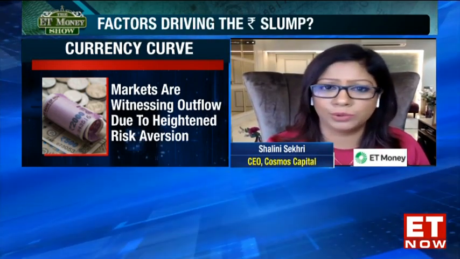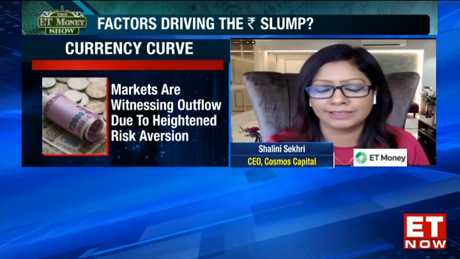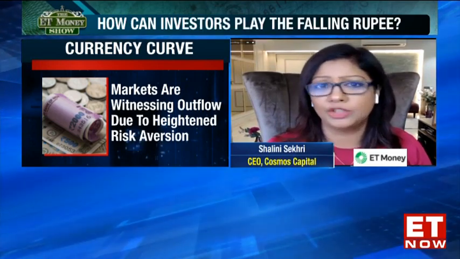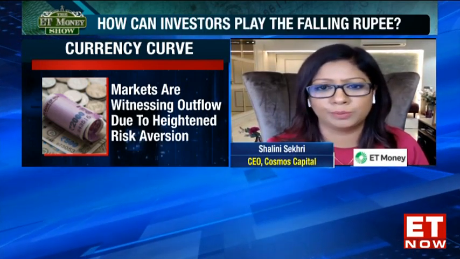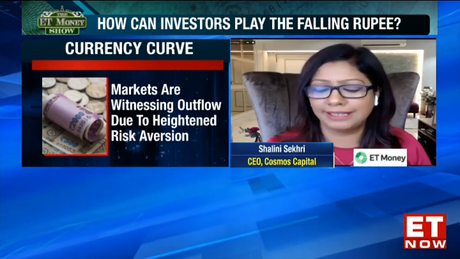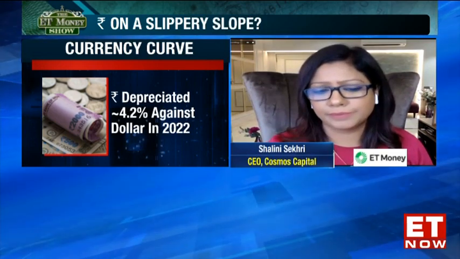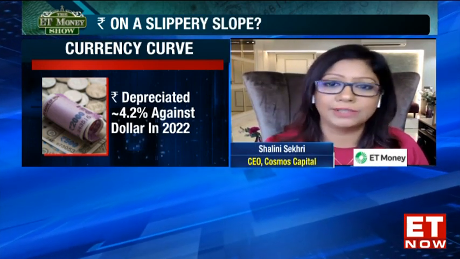So what does this mean, and what should you do as an investor? And this is where we say that while you cannot predict in the short term what is going to happen to the rupee dollar movement, certainly history as well as theory tells us that in general, the currency of any country will depreciate to the difference between the inflation rate versus the US.